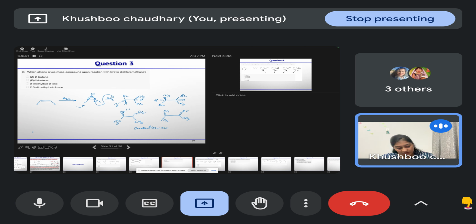In the case of E-butene, firstly the bromonium ion will form, then the bromide ion will attack.